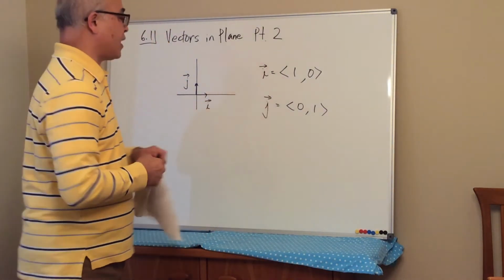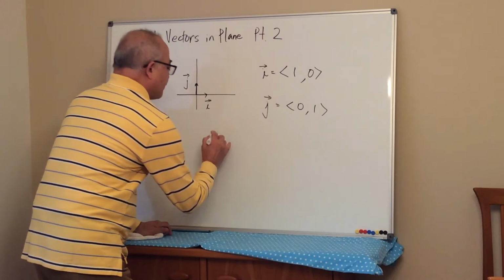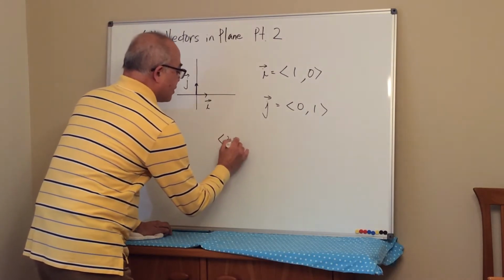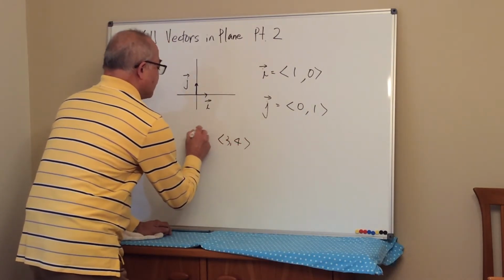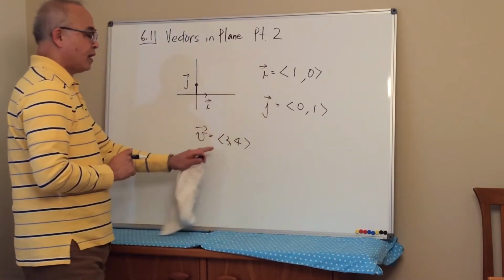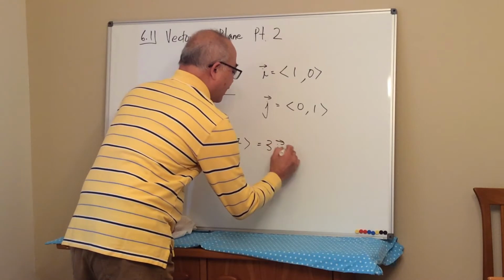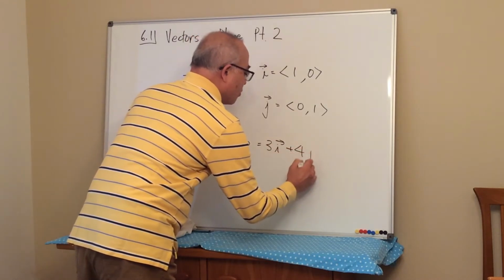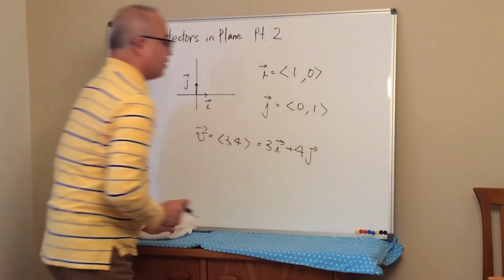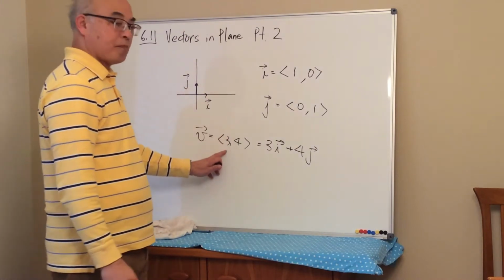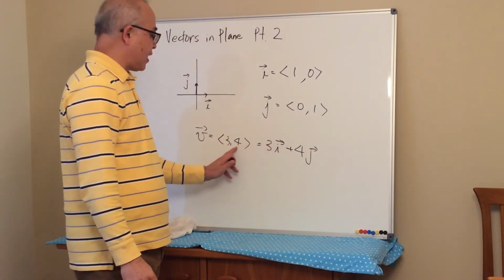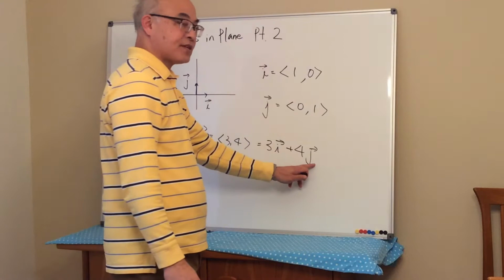Okay, and where does this come into play? This comes into play if I had a vector that was, again, 3 and 4. We call this v vector. I can now say this is the same as 3i plus 4j. In other words, I could take the x and go 3i and take the y component and pull that out and say j.